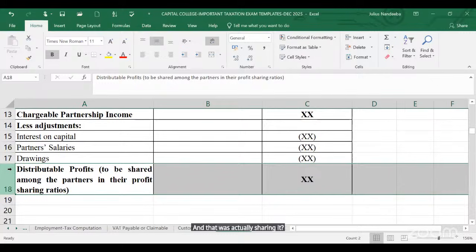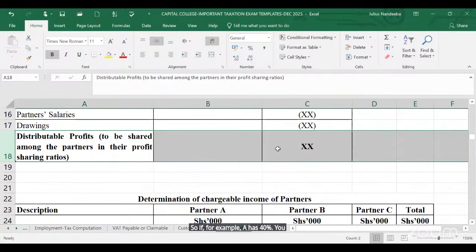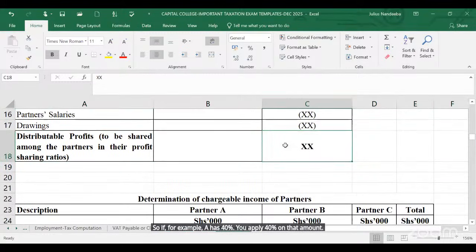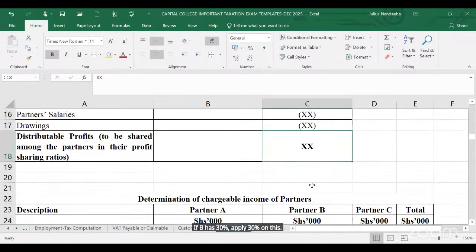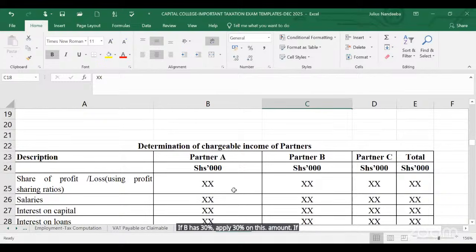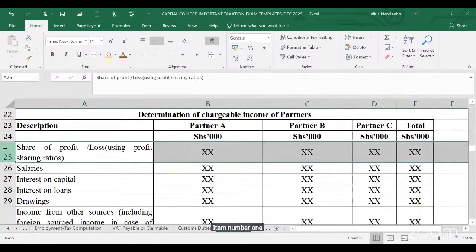Using the profit sharing ratios. So if, for example, A has 40%, you apply 40% on that amount. If B has 30%, apply 30% on this amount. If C has 30%, also apply it and bring it as your item number 1, because that is what they are sharing from the partnership.